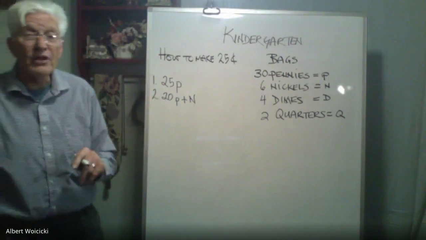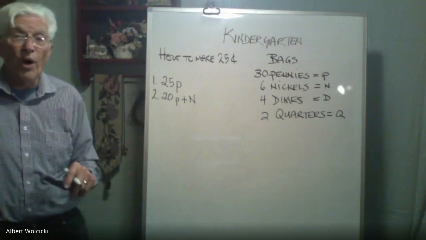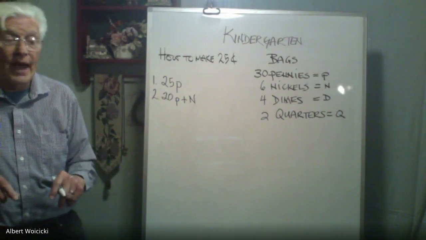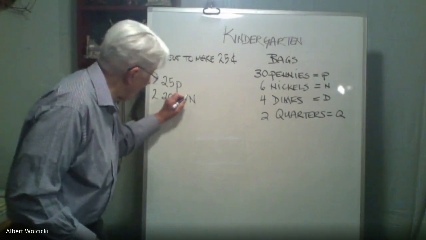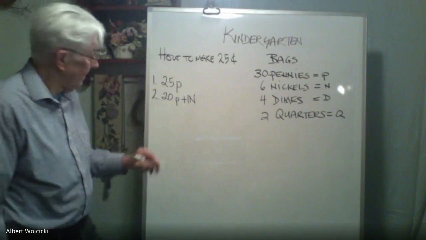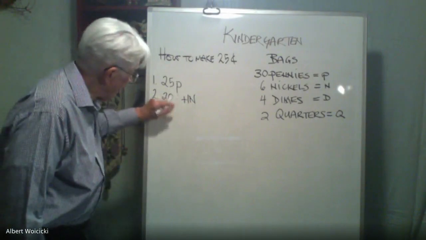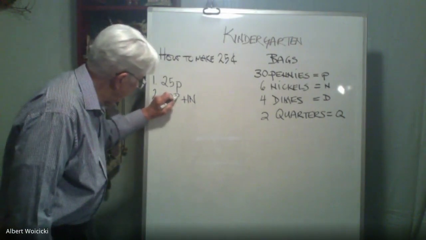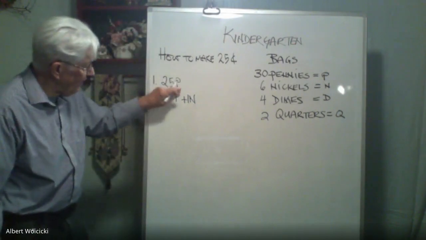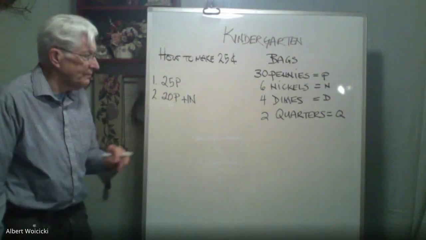Now you'll notice that I didn't put the number 1 in front of the letter N. I could have put 1 in front of it. That might be okay. 1 nickel. So let's make these capital P's. I think that'd be better. So I've got 25 pennies, 20 pennies, and 1 nickel.